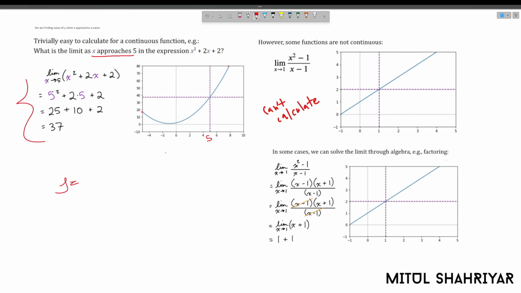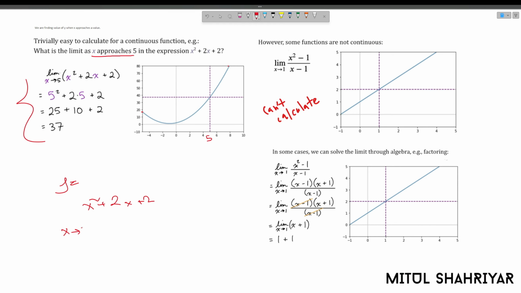So if we have x squared plus 2x plus 2, what I can do is x approaches 5. That means x is very near to 5.